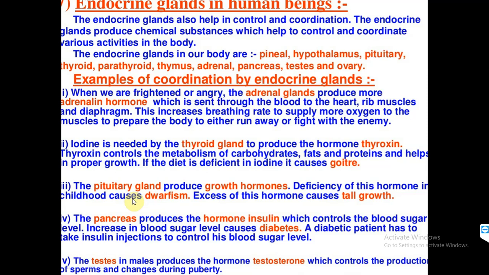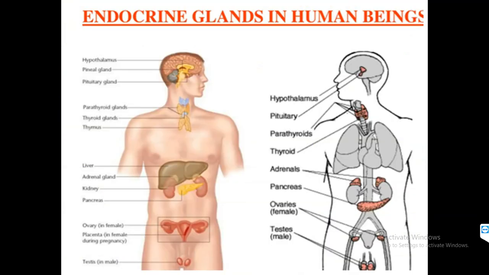Then it also influences the development of testes and ovaries, as it is controlling the gonads, and gonads include the testes as well as ovaries. In the diagram, the ovaries and the testes together are known as the gonads. As the pituitary gland regulates these two, it influences their secretions.